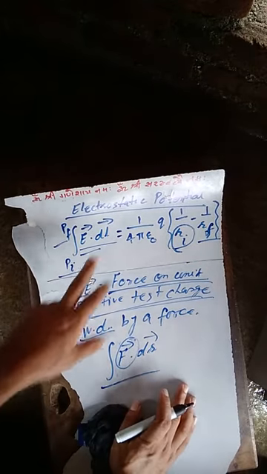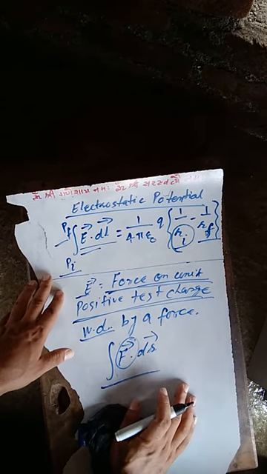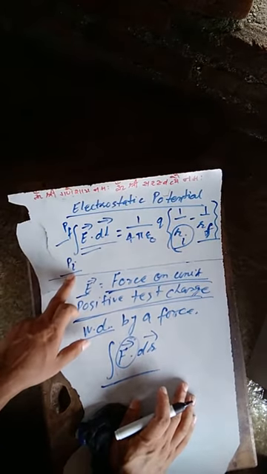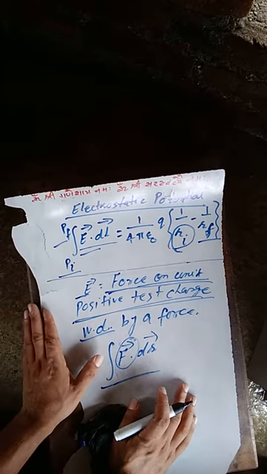So line integral of electric field is actually work done by the electric field from initial position Pi to final position Pf. We had studied this in the last class.